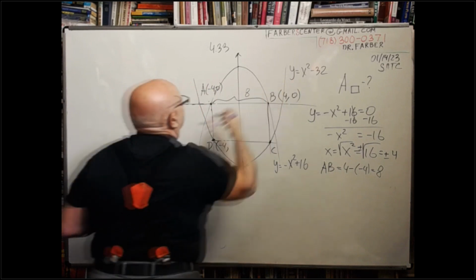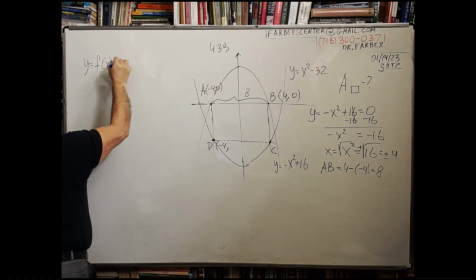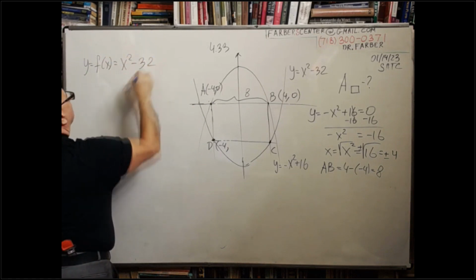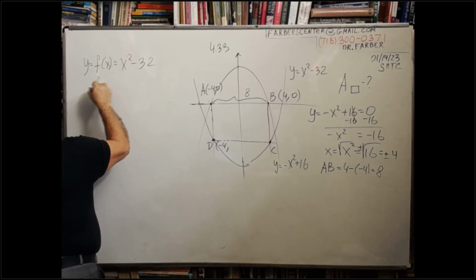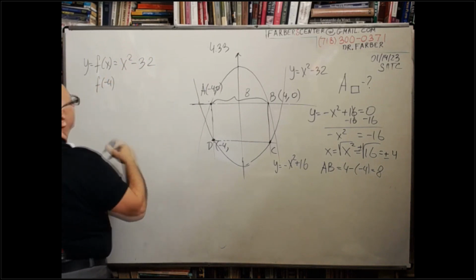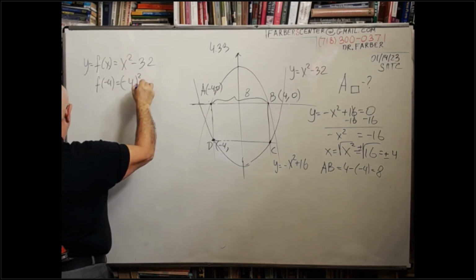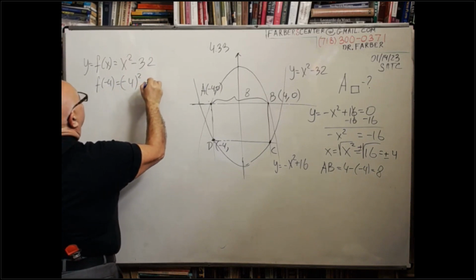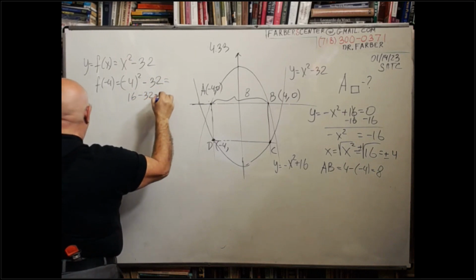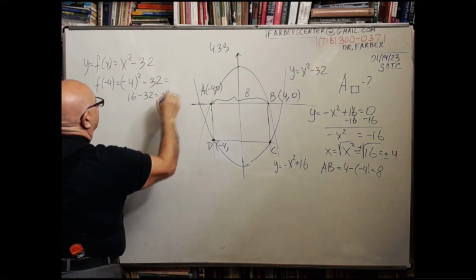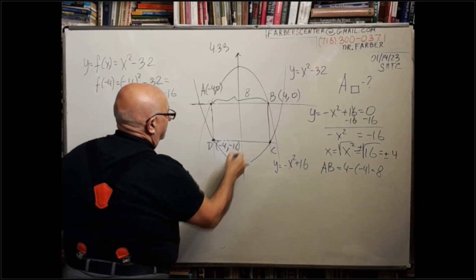If I have the equation y equals f of x, I can easily find the value of this function f of negative 4, equals negative 4 to the second power minus 32, 16 minus 32, negative 16. So this is negative 16.